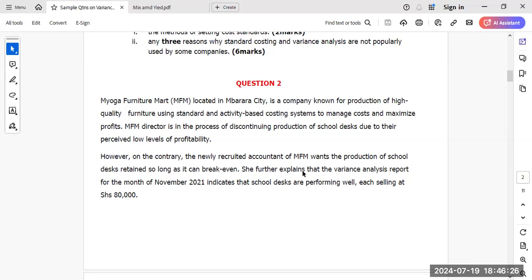She further explained that the variance analysis report for the month of November 2021 indicates that school desks are performing well, each selling at shillings 80,000. As you note what you're given, this should also be included. This is the selling price of each school desk.